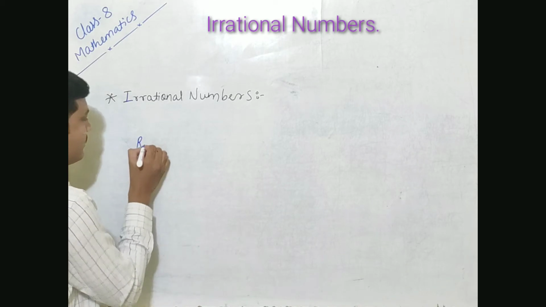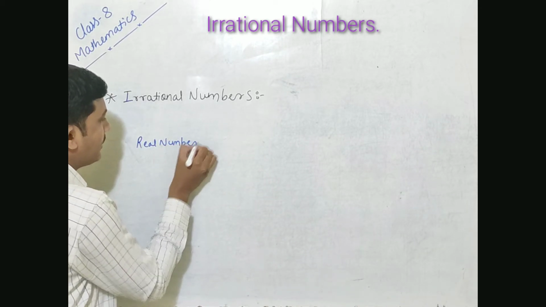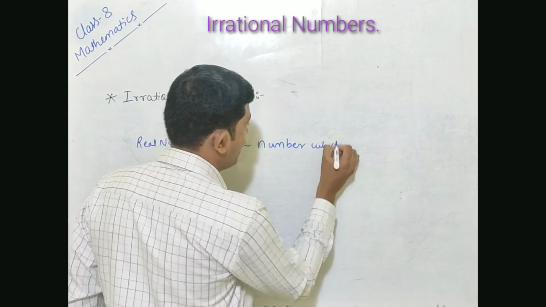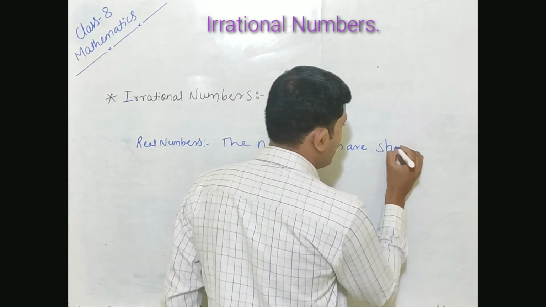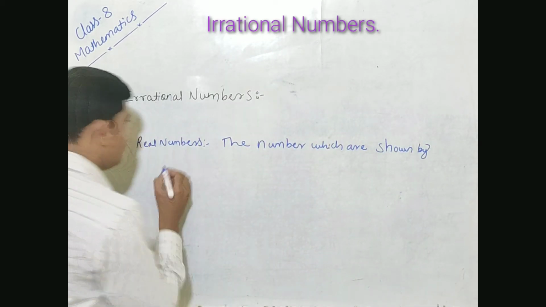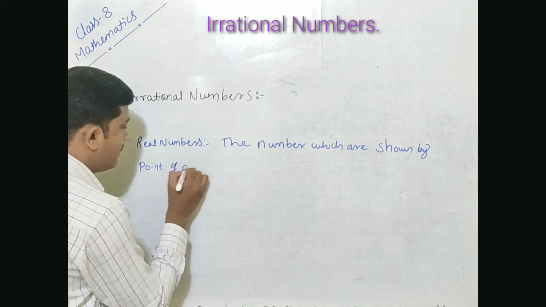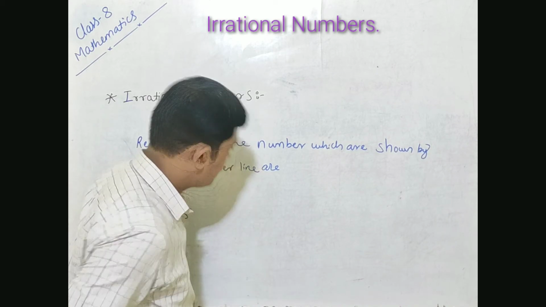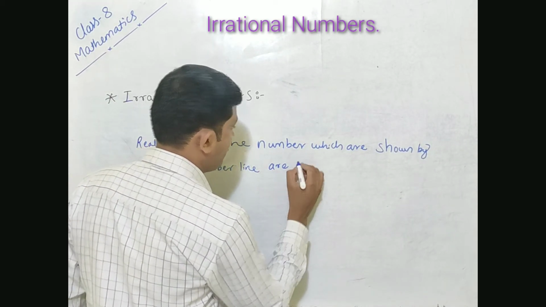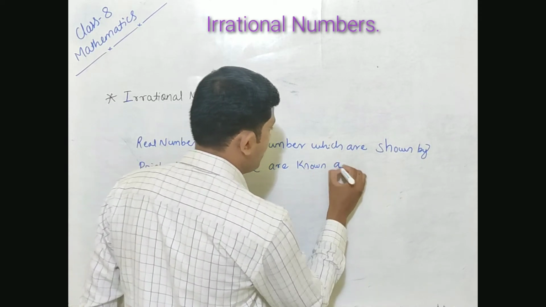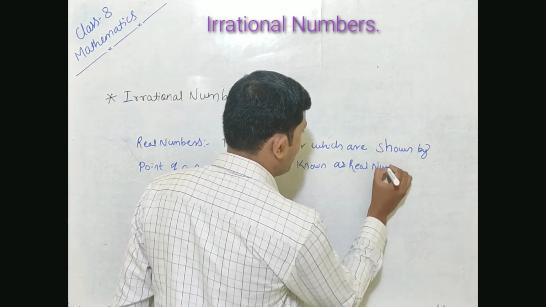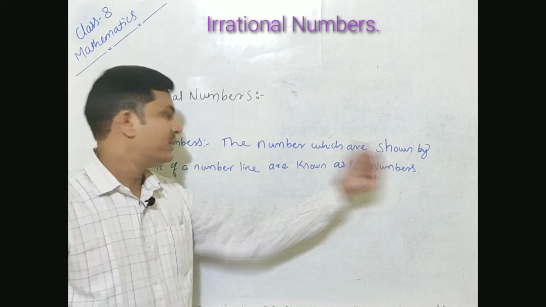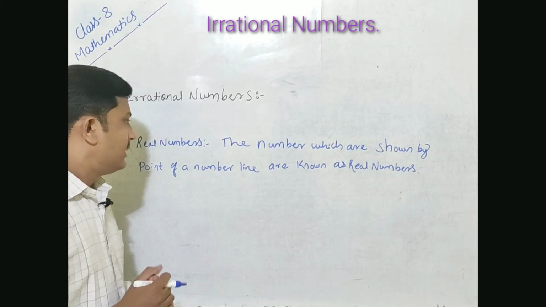Real numbers, you have to see the definition. What does the definition of the real number say? The numbers which are shown by a point on a number line are known as real numbers.